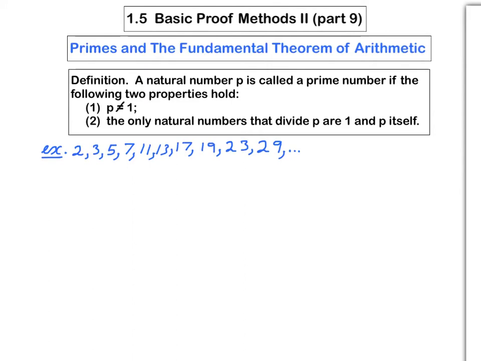Here's a list of the first few primes. The smallest prime is 2, and that's the only even prime.